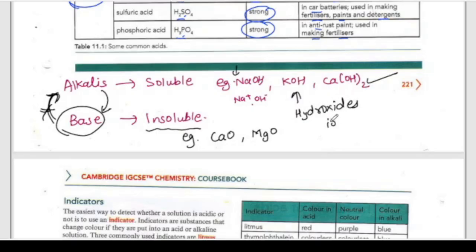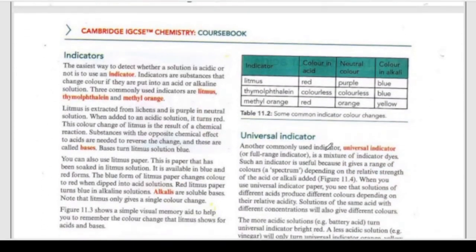Which ion? OH minus, because as I told you, if NaOH is dissolved in water, it will form Na plus ion and OH minus ions. Okay, so this is a short introduction about alkalis and bases. Also pH will be more than 7. We will be learning about it in detail, but let's quickly move ahead to the indicators.